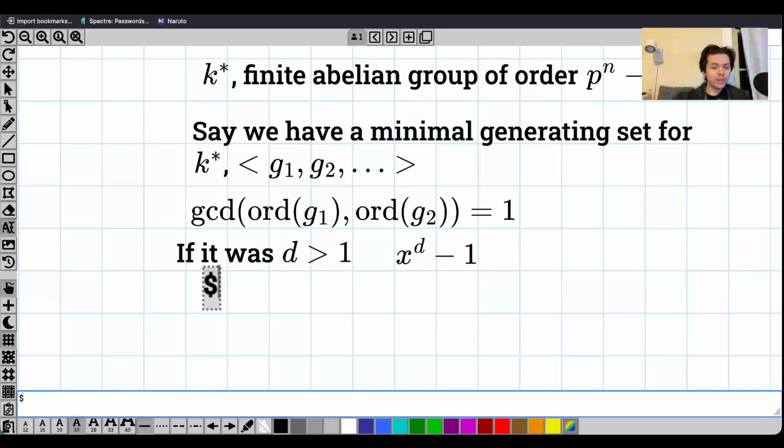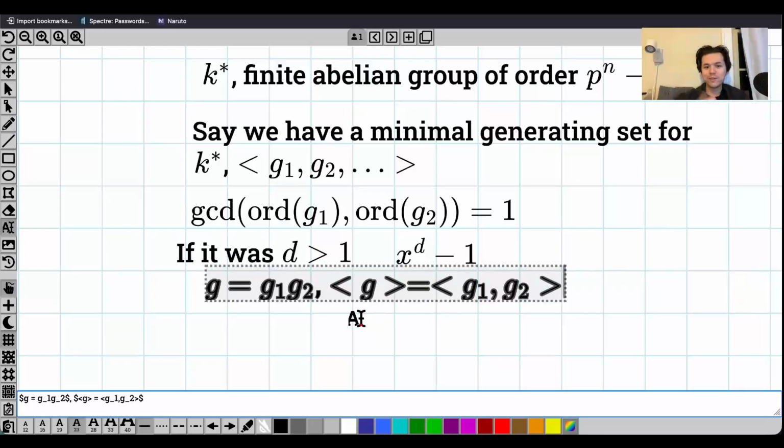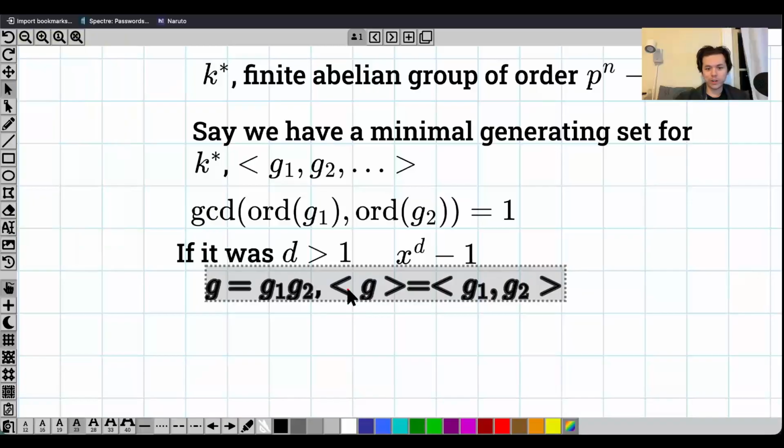But that also immediately gives us this fact. If we take G equals <g1, g2>, what is the group generated by G? Well, this is equal to precisely <g1><g2>. We have two coprime cyclic groups that commute with each other. Therefore, this is really the Chinese remainder theorem.